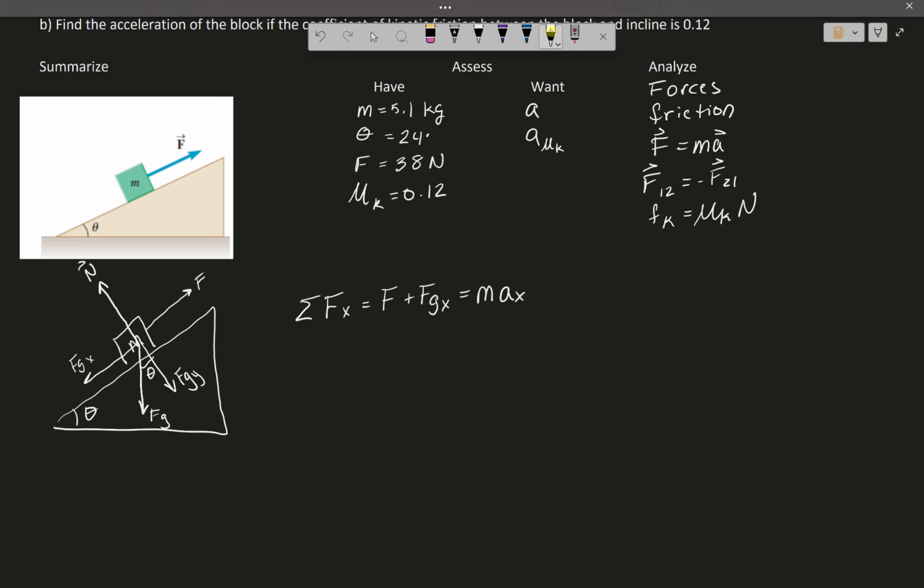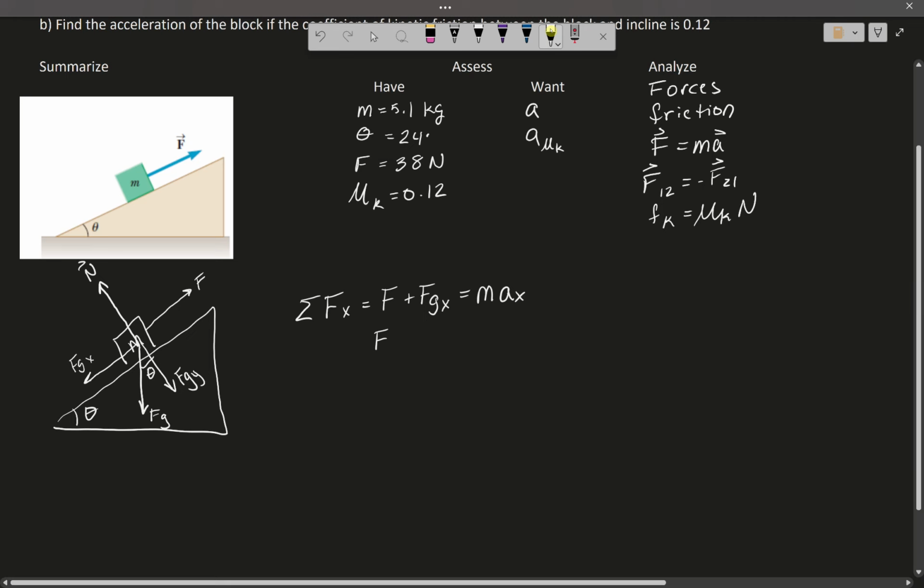The next thing I want to do is incorporate the directionality here. So in this situation, based off how we drew this picture, our applied force is going in the positive x direction and our force of gravity in the x direction is going in the negative x direction.